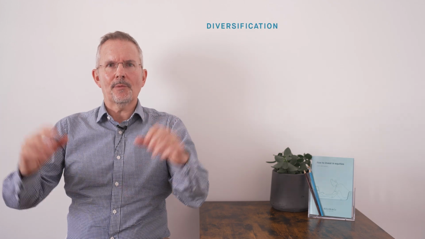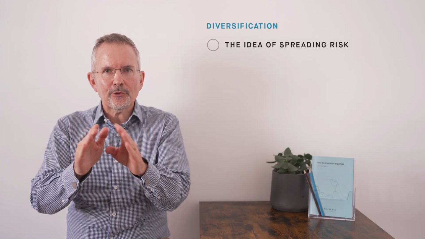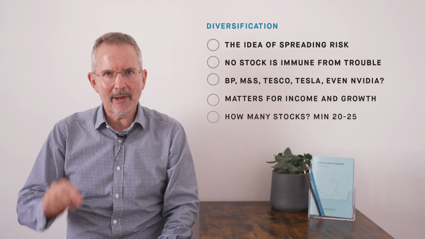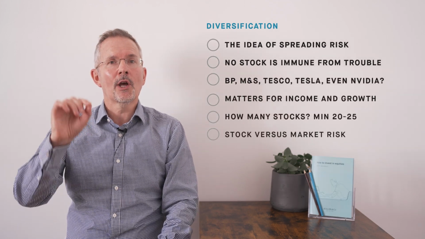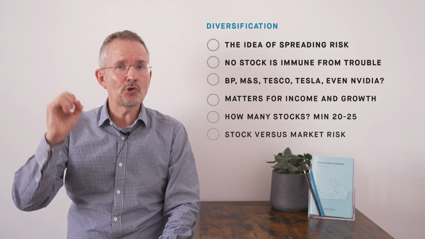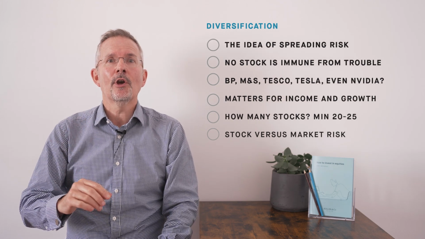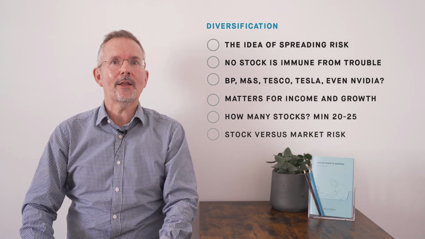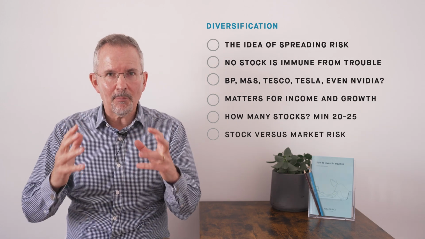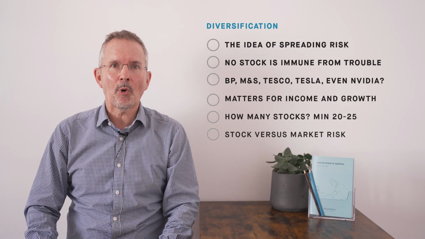So diversification is number 1. That's all about spreading risk. And it works on the principle that no matter what someone tells you, no matter how much you think you know about a stock, no stock is immune from trouble. And by trouble, I mean short, sharp share price drops, cuts in dividends, and so on. And if you look back through stock market history, some of the biggest companies in the market have hit trouble.